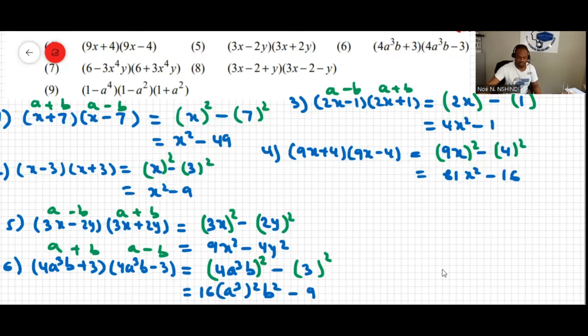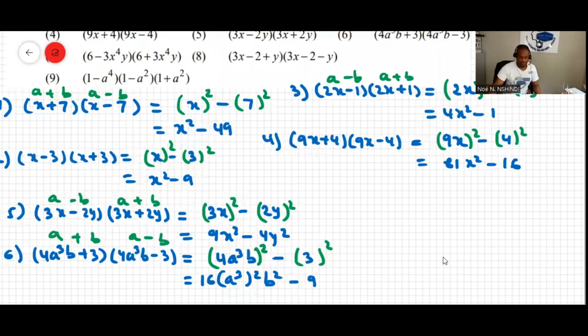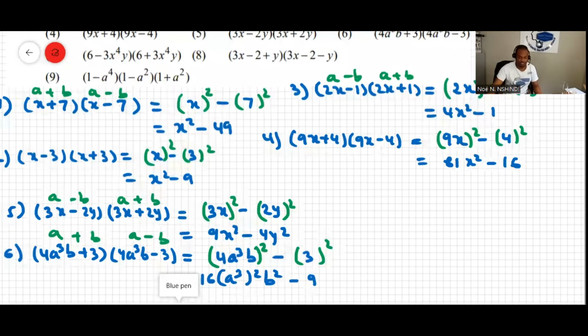Now, the property says a raised to the power of m to the power of n will be equal to a to the power of mn, and then this will be 16a to the power of 6 b squared minus 9. Okay, and then question 7.